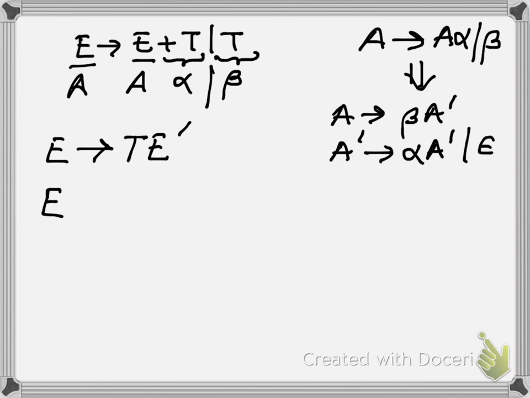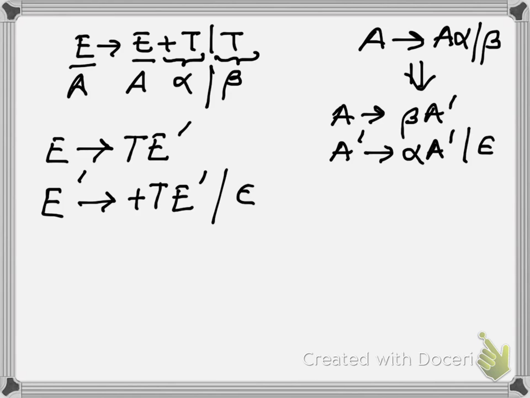Then what does E dash derive? E dash derives alpha A dash. Alpha is plus T, and A dash is our E dash or epsilon. So here we have E derives T E dash, and E dash derives plus T E dash or epsilon.